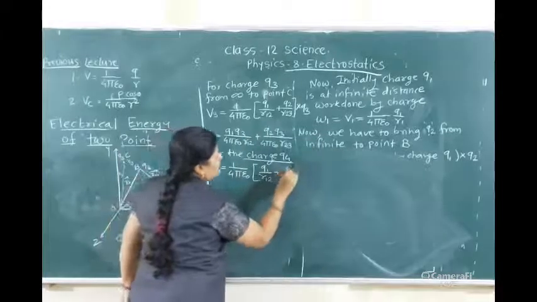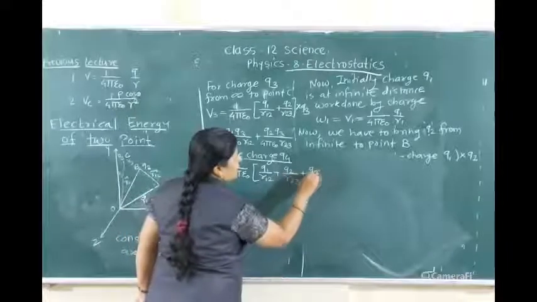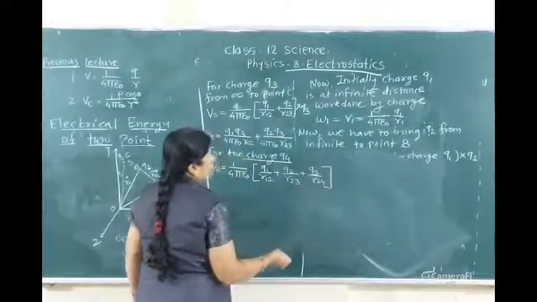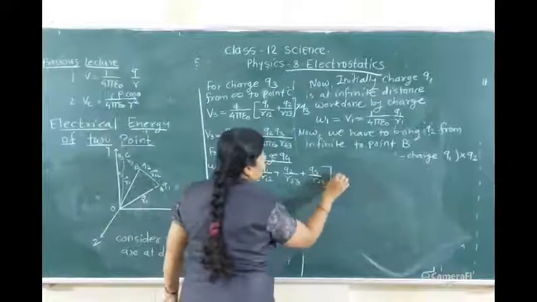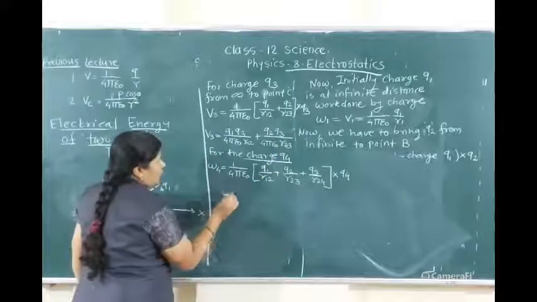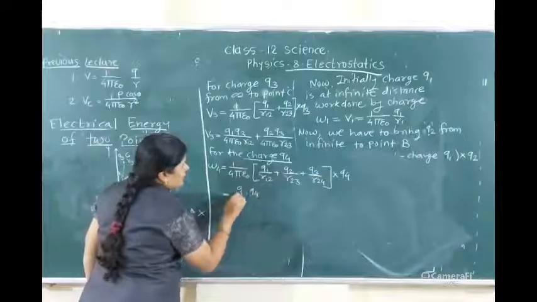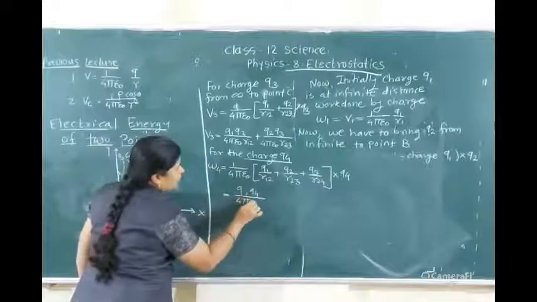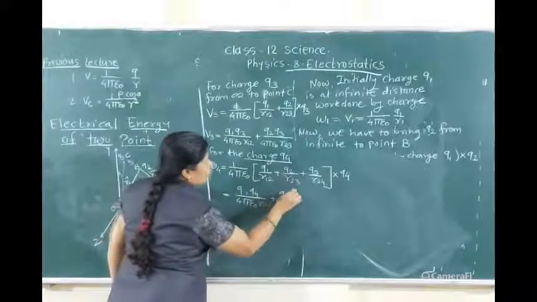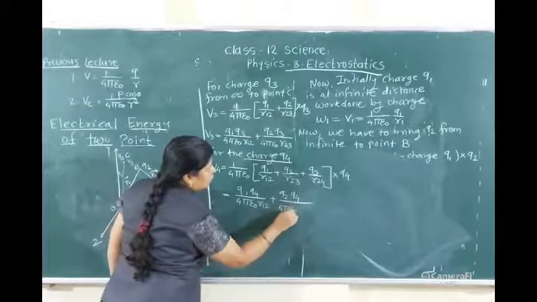So we get Q1 Q4 divided by 4 pi epsilon 0 R14 plus Q2 Q4 divided by 4 pi epsilon 0 R24 plus Q3 Q4 divided by 4 pi epsilon 0 R34.